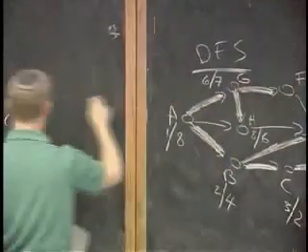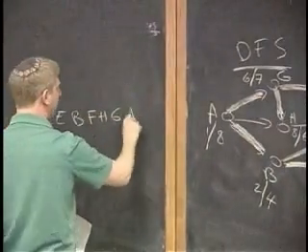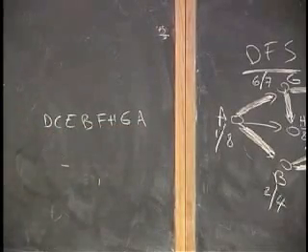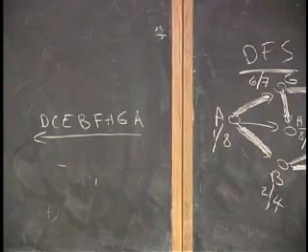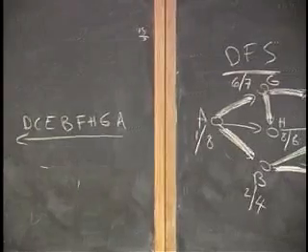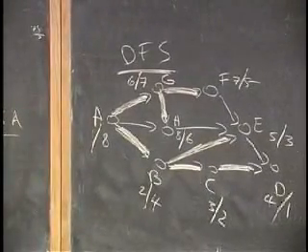F, H, G, and then back to A. If you read this from the right to left, it's a topological sorting of that graph. So if you do a depth first search, store the depth first search tree, do a post-order traversal of the tree, and read it in reverse, that's topological sorting.